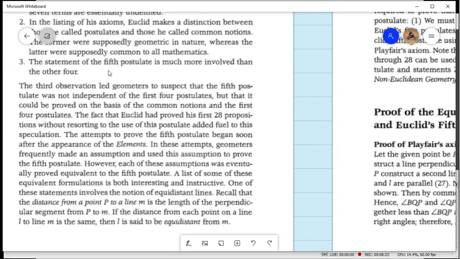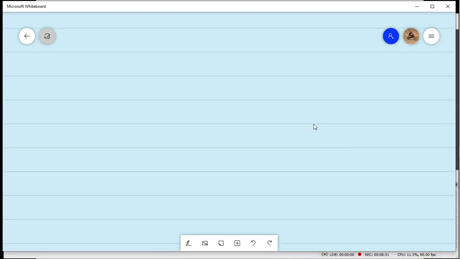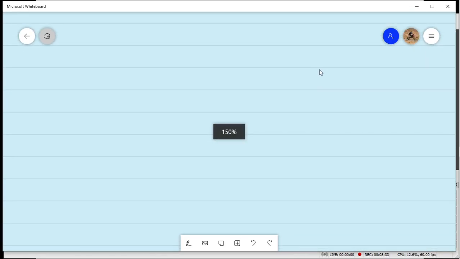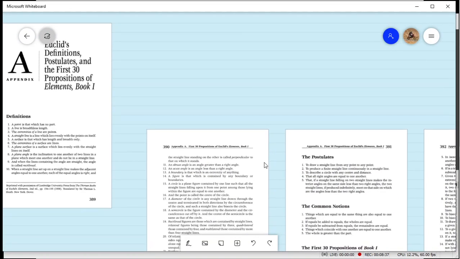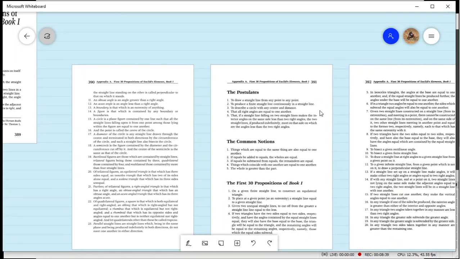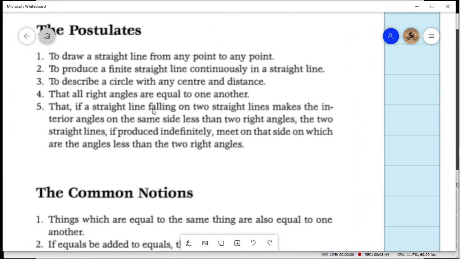The statement of the 5th postulate is much more involved than the other 4. If you would recall, in the 5th postulate there are a lot of things being mentioned. It mentions a transversal, that is a straight line on 2 other straight lines.